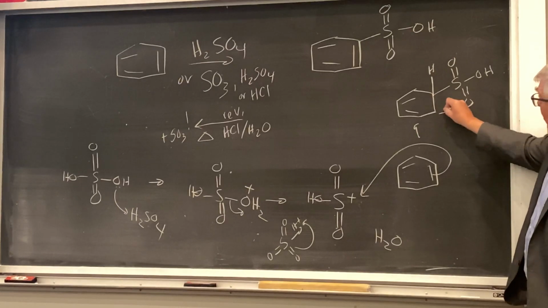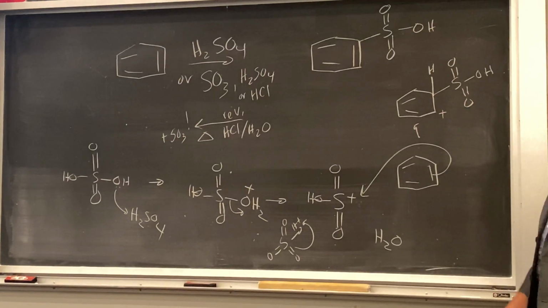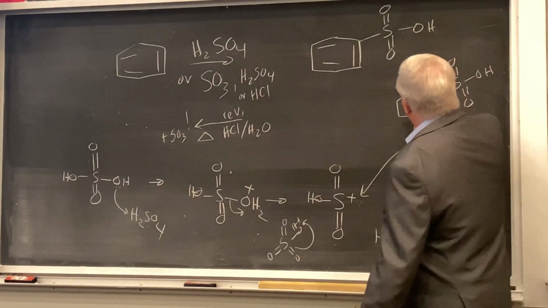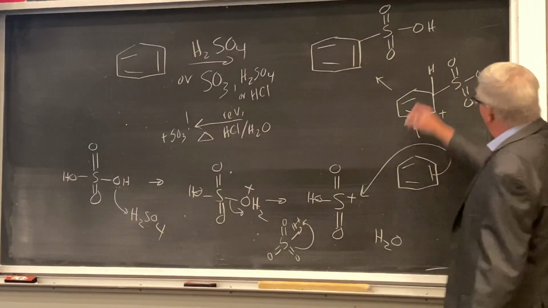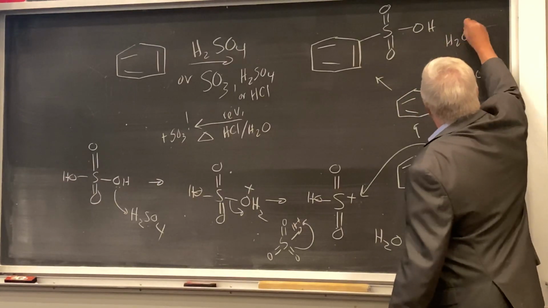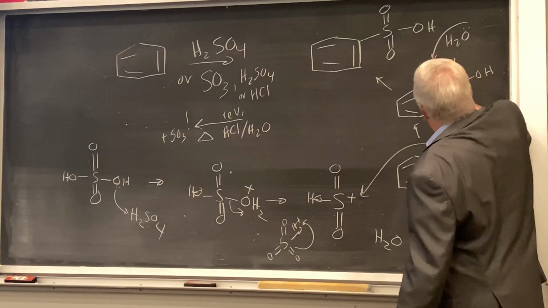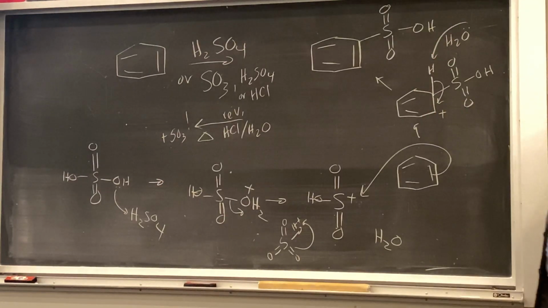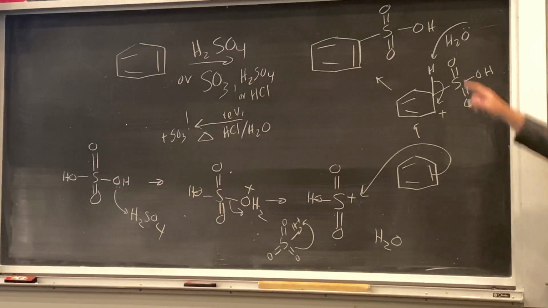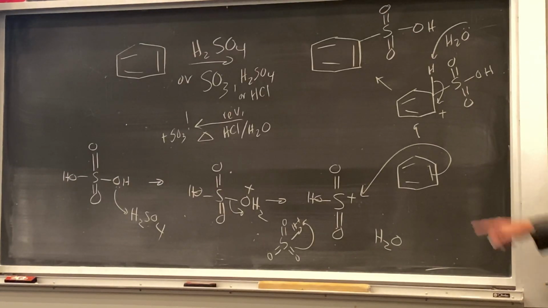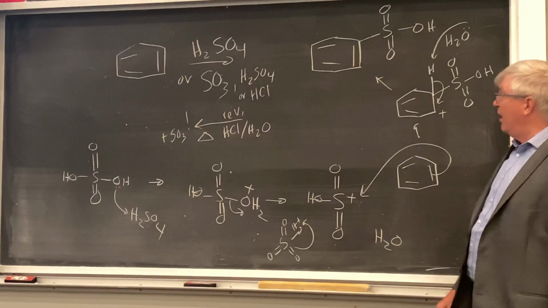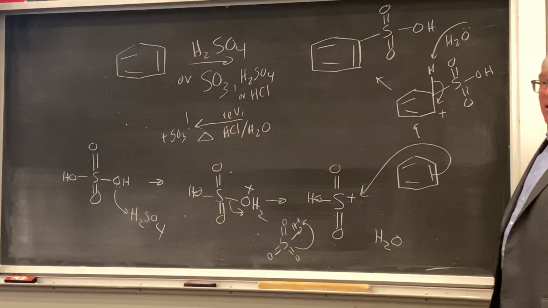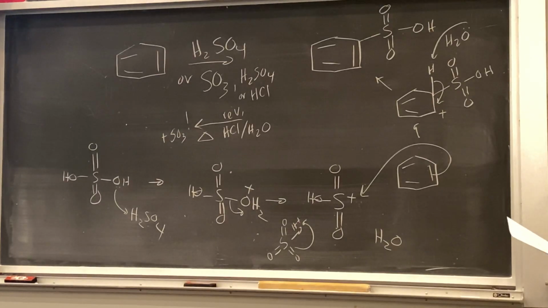Yeah, right there is our cation, right? Okay. So that's important to look at. And then how do we get there? Well, we can use water to take off the hydrogen, the proton on the side there. Push the electrons back down and we get to our product. Okay, so these steps you need to make sure you know and know what the true electrophile is. It's the sulfonium cation right there. Okay on that one? I think we're all right.